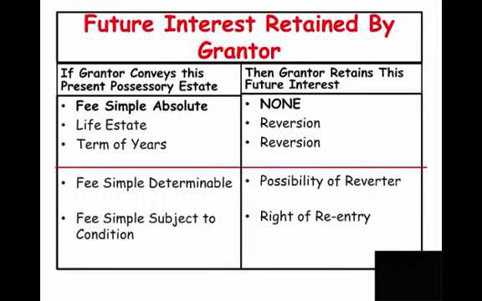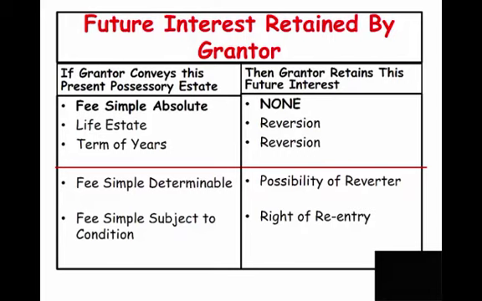If the grantor conveys a fee simple absolute to the recipient, then the grantor has retained no future interest. If a grantor conveys a life estate, then the grantor has retained a reversion. If the grantor has conveyed a term of years, then again, the grantor has retained a reversion.